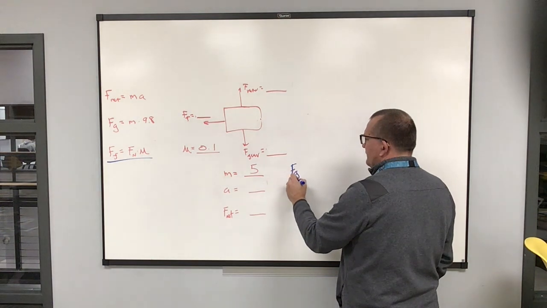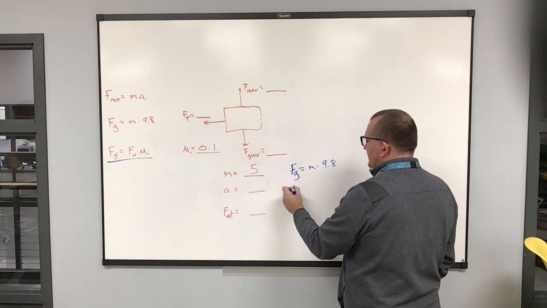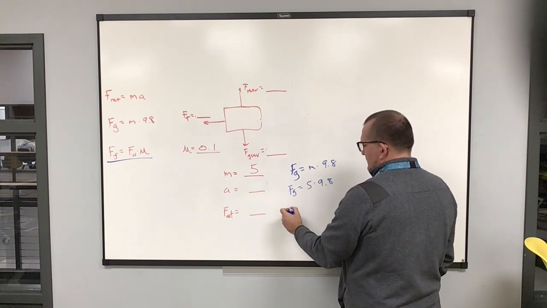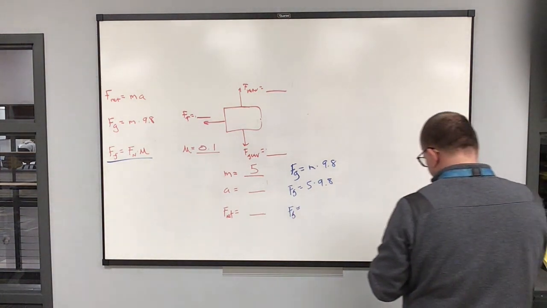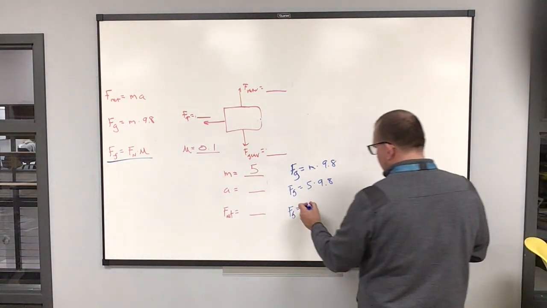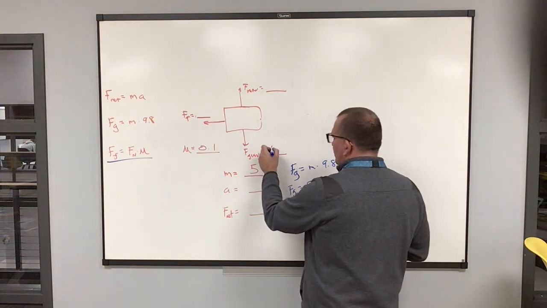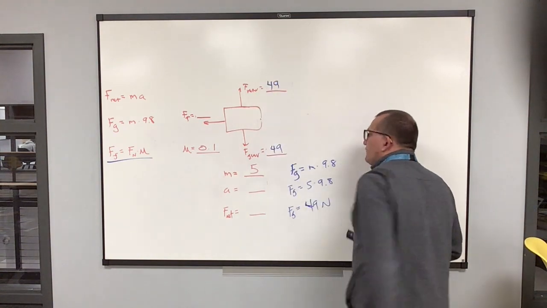My mass is 5, so force of gravity is equal to 5 times 9.8. Force of gravity is equal to 49 newtons. Flat surface, normal force is 49 newtons.